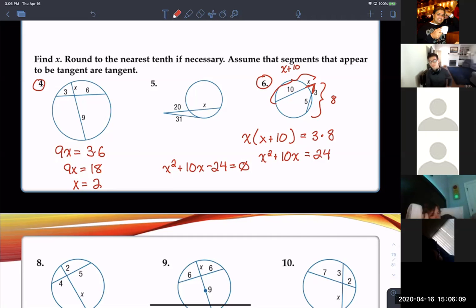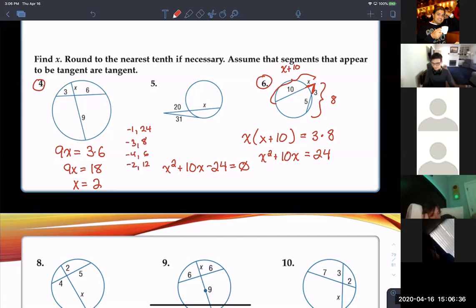Are there factors of -24 that add to give you positive 10? If you look at the factors of -24, it's -1 and 24. What else? -3 and 8, -4 and 6, -2 and 12.